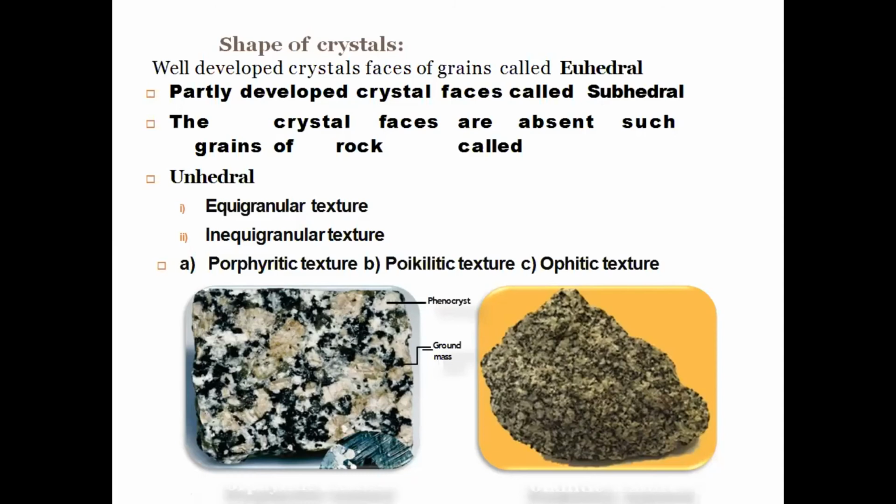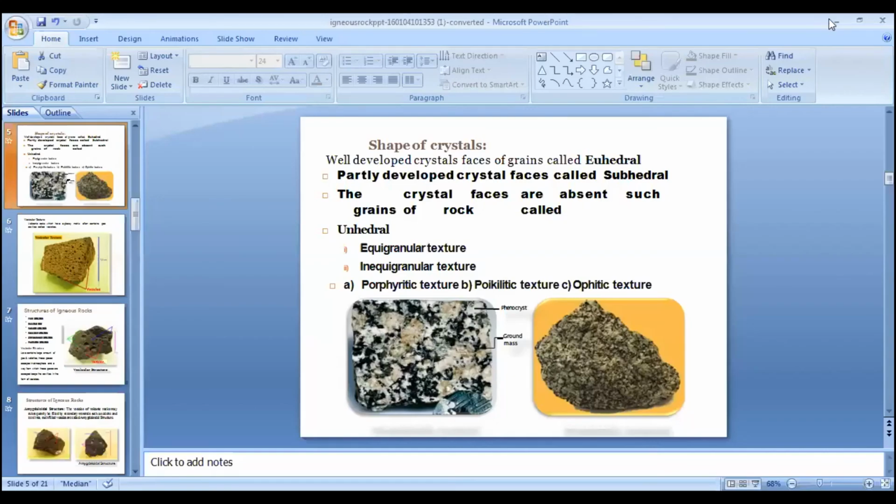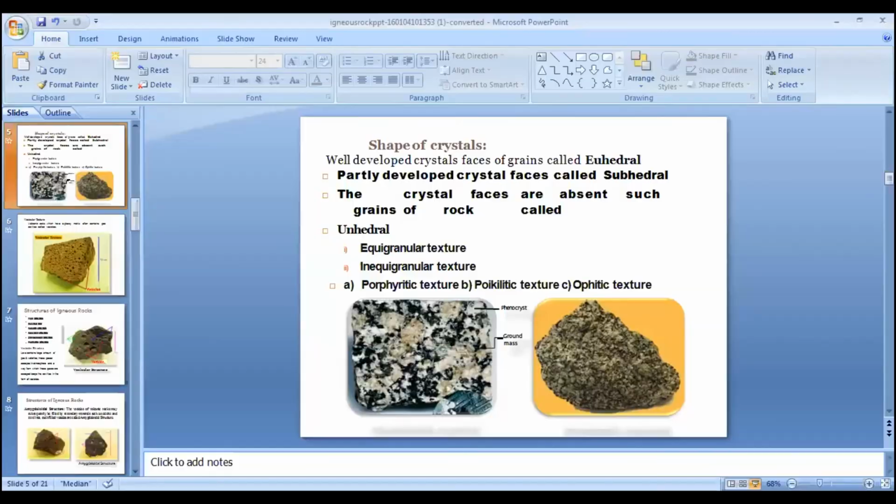Equigranular texture is one in which most of the grains are of similar grain size. We call it equigranular texture. And if the crystals are of different sizes, then we call it inequigranular texture.